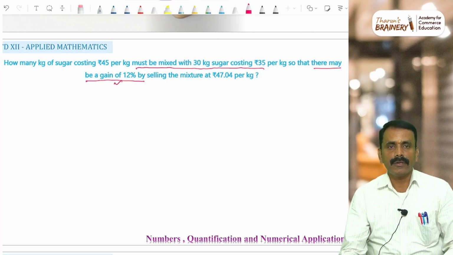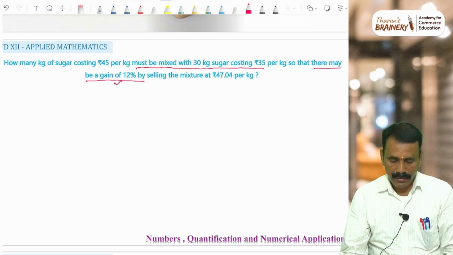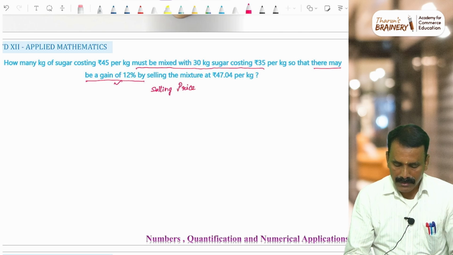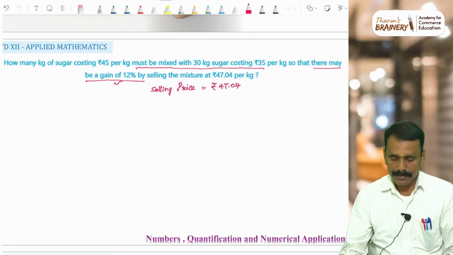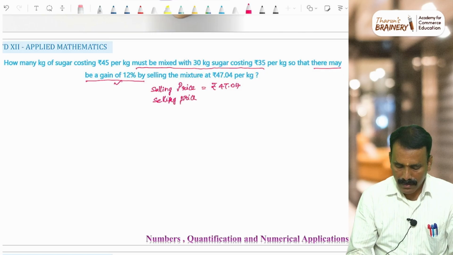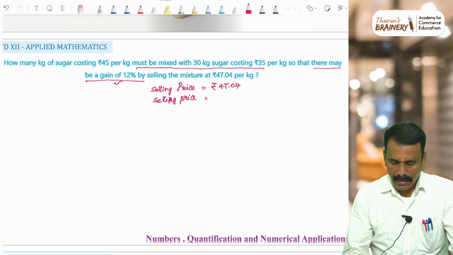First of all, we must find the cost price of that mixture. The selling price of the mixture is rupees 47.04, that is 47 rupees 4 paise. So selling price is x plus 12 by 100 into x.